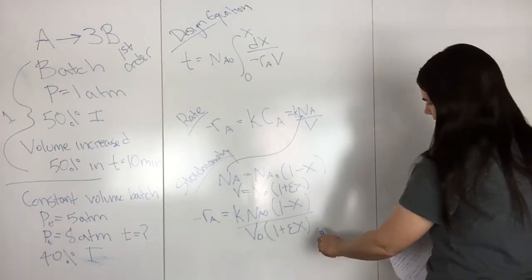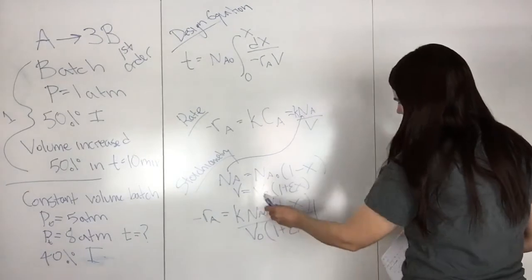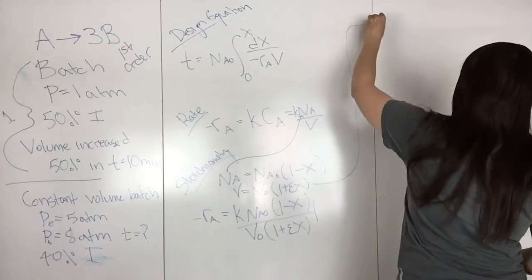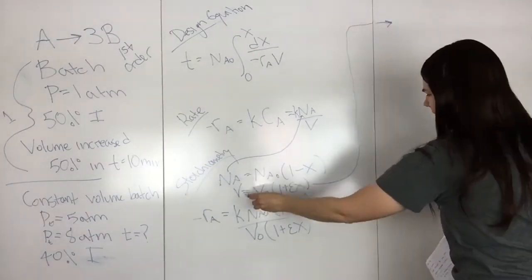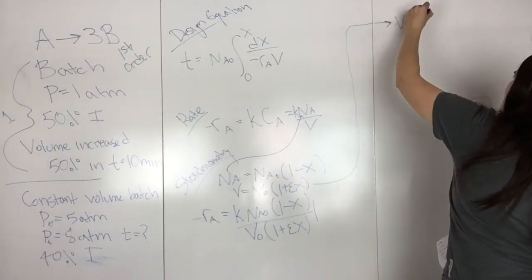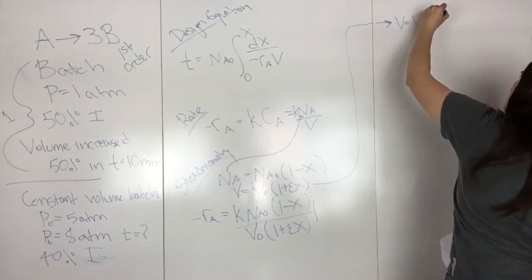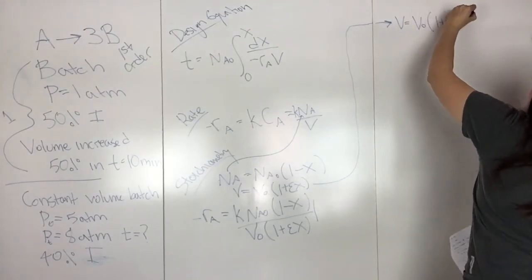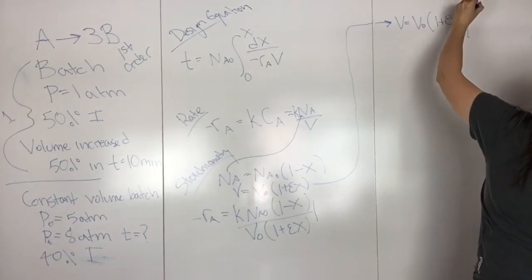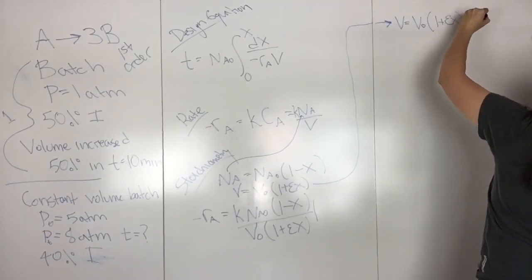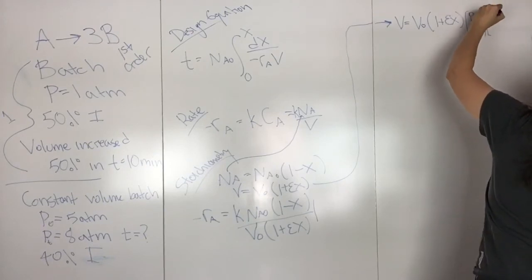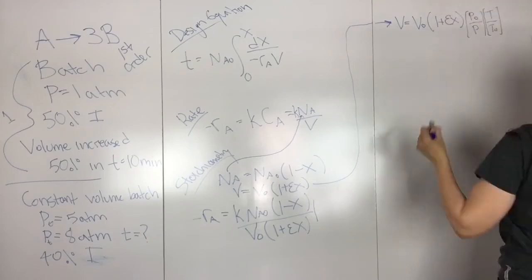So before I continue with this, I want to take a step back to this real quick, because we're going to need this anyway. So this equation, V equals V naught (1 plus epsilon x), is actually this if I write the entire thing, multiplied by P naught over P and T over T naught.